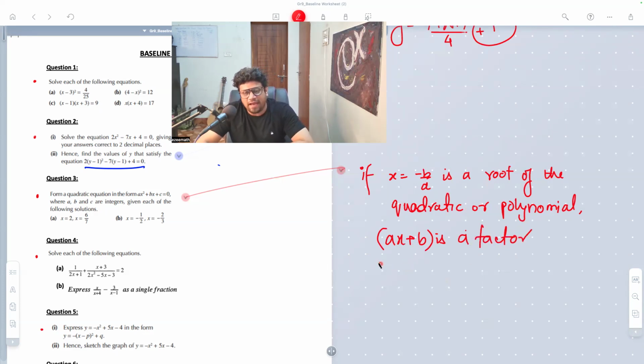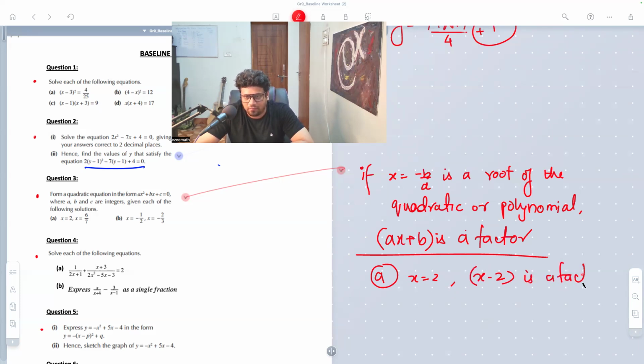Well, now that I see in part A of the third question that x equals 2 is a root, that makes me write that x minus 2 is a factor. And if x equals 6 by 7 is a root, which means 7x minus 6 is also a factor.